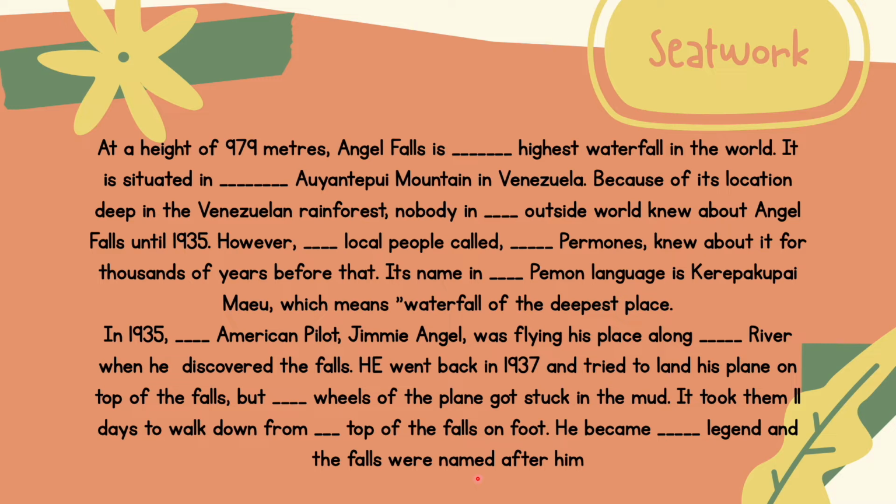So what you are going to do: we have learned about the articles just now, a, an, and the. Based on the three articles, Angel Falls is... what should we put here? Remember, we have a and an usually for jobs. The we use for instruments, unique nouns, names of a river, names of a desert, and also mountain ranges.